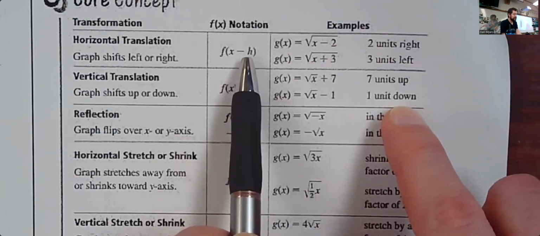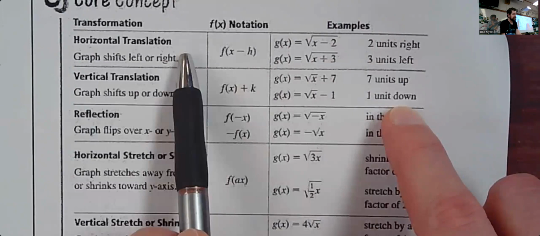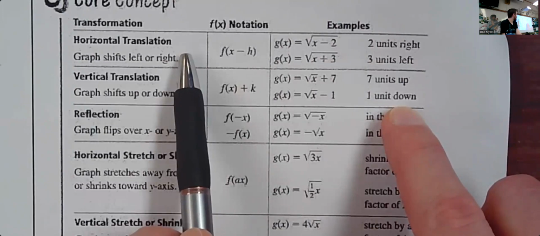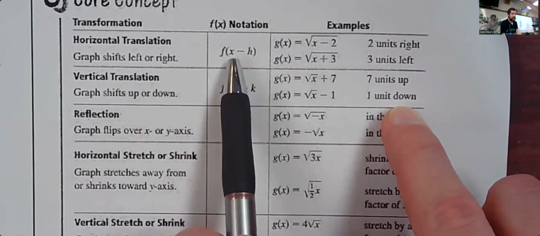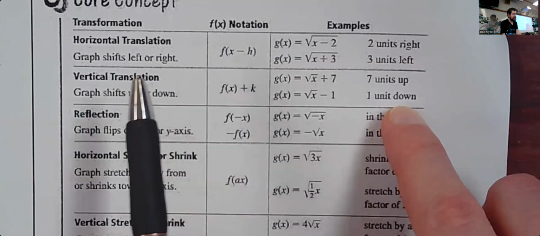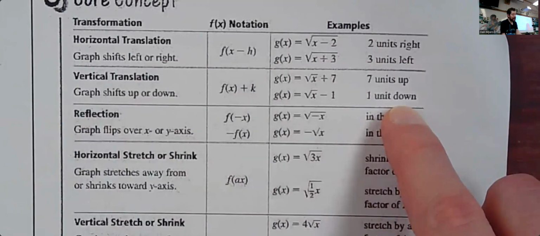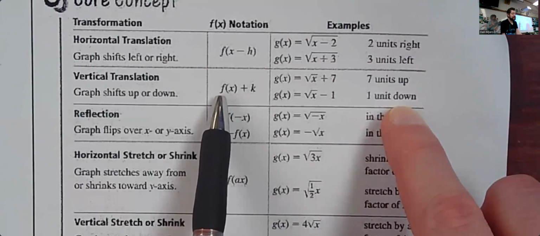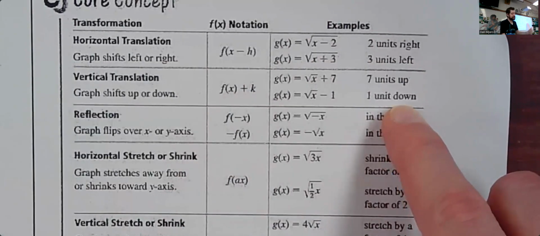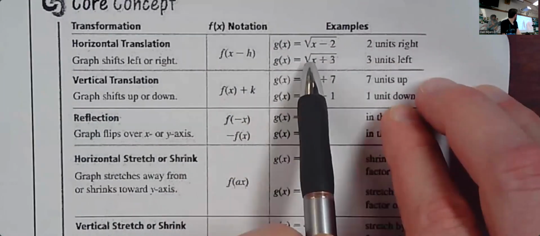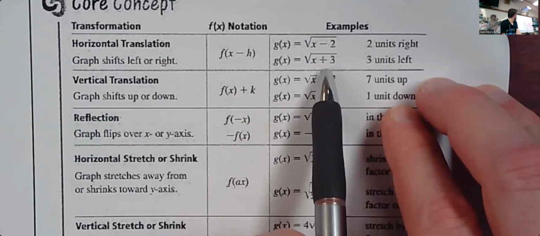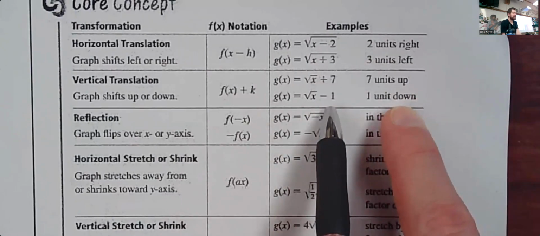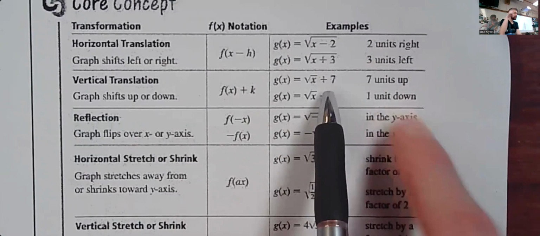This is happening to the input value. So the other way you can think of it is horizontal translations or transformations happen to the input value, x. Vertical transformations happen to the value of y or the function value. So every other part except for the group. So the other thing about horizontal and vertical is that vertical happens kind of the way you would think it would, right? Plus means up, minus means down.